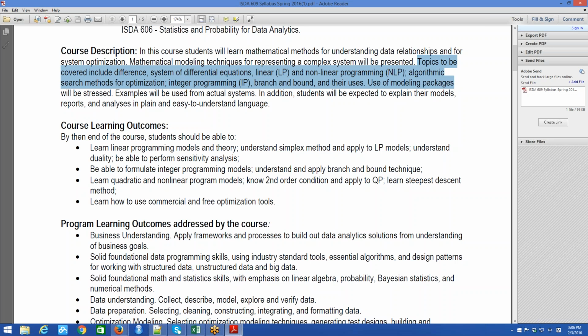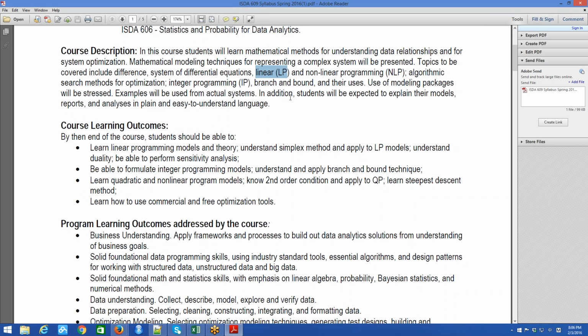Looking at the topics here, the first one we want to mention, linear programming, means that the math program itself is linear. In every optimization problem, we always have an objective function, and in addition we have a set of constraints.